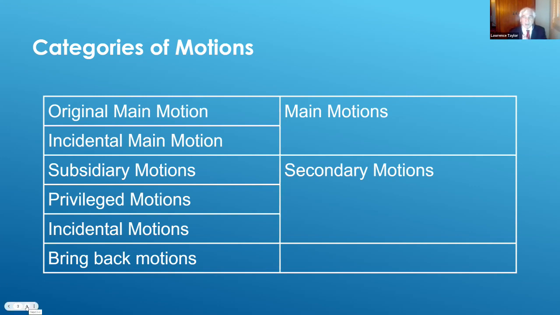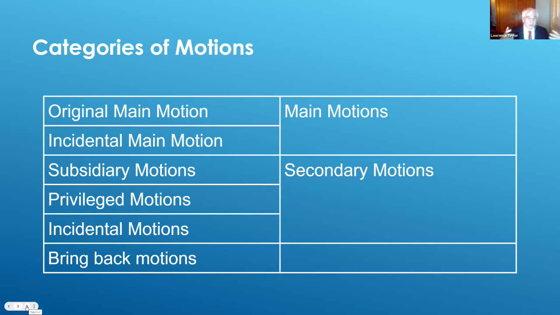Just one more thing about this material. The main purpose of going through all of these is that if you're a presiding officer, the last thing you want is for someone to make a secondary motion from the floor and you are not aware of what it means. Then you're up there looking like a deer in the headlights, and you don't know how to handle it. Hopefully you have a parliamentarian who can refresh your memory or inform you for the first time.